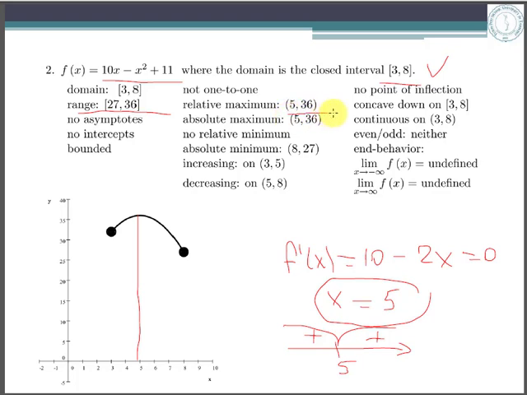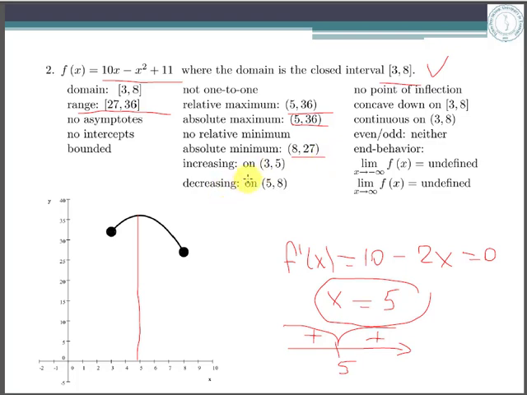That's why this is a relative maximum and also the absolute maximum of our function. But here we don't have any relative minimum, but we have an absolute minimum because we considered a closed interval. We need to check the endpoints of our interval, 3 and 8. If you put 8 here, we have 27, and it is the least value of our function, and this is the absolute minimum of our function.